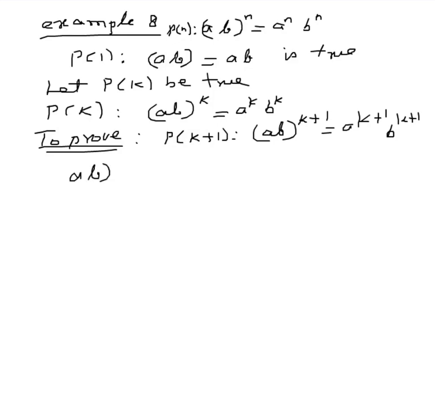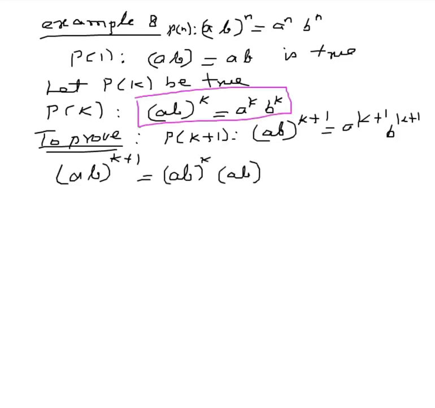The left hand side is ab whole power k plus 1. I can split this power as ab power k into ab. I can write this as a power k b power k using P of k statement.